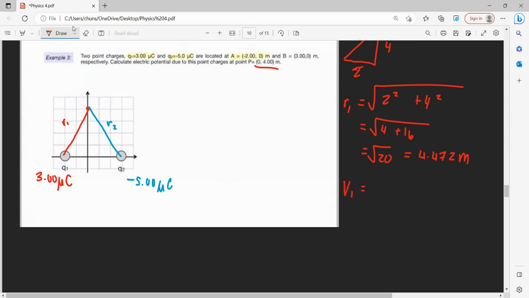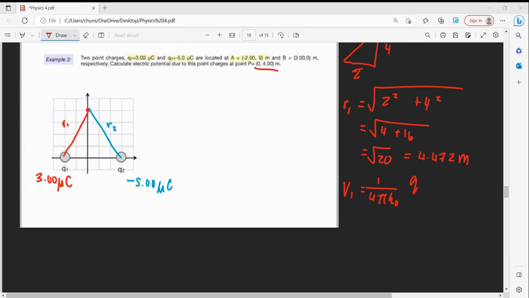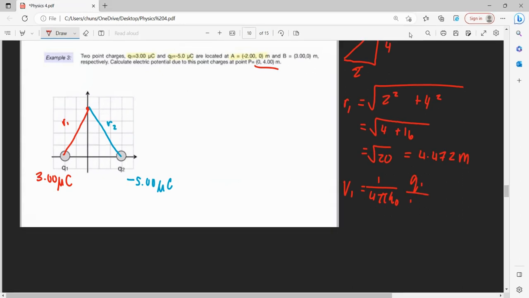So to find V1, we take 1 over 4 pi epsilon 0, our charge, over our separation distance.